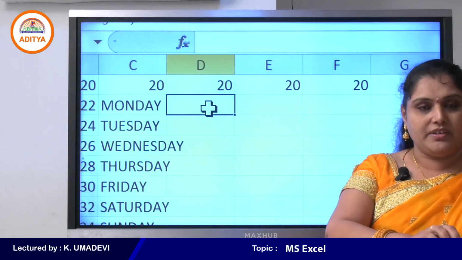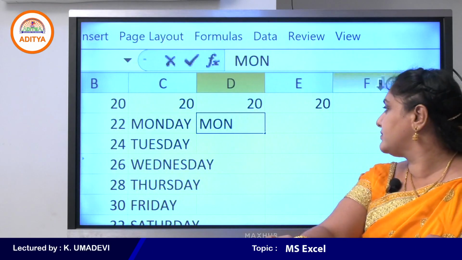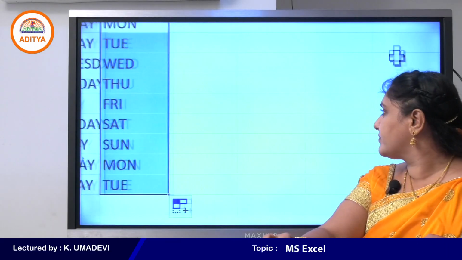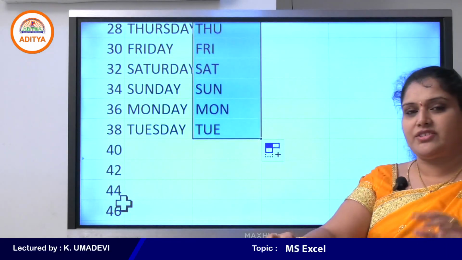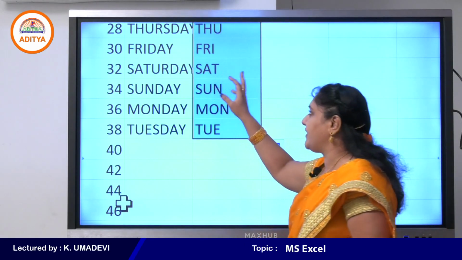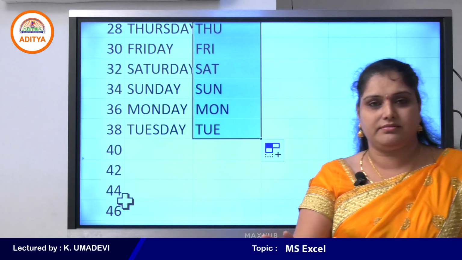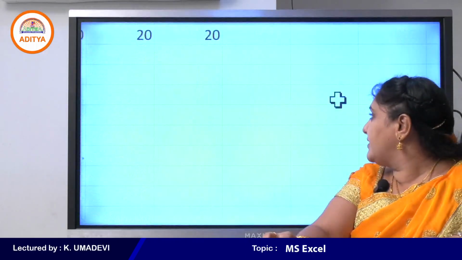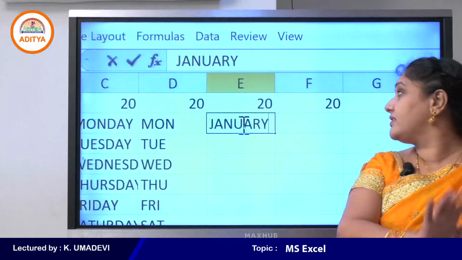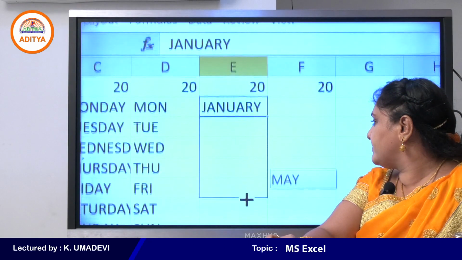So that is the full name. If you enter the first three alphabets of the weekday, again it gives the first three alphabets of the next day names, that is TUE, Tuesday, Wednesday, Thursday, Friday, Saturday, Sunday, Monday, Tuesday, etc. We can also fill the month names, like you can enter January and click and drag.